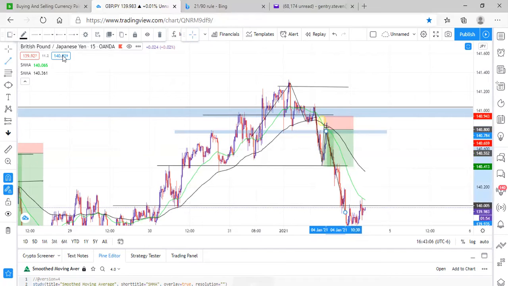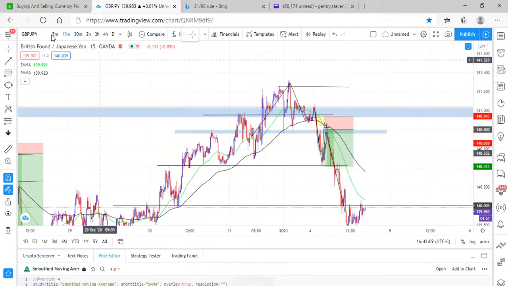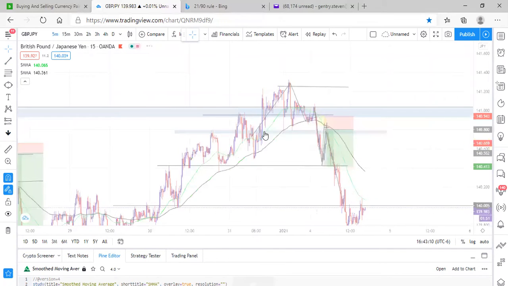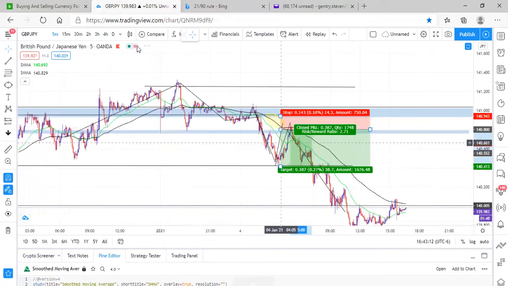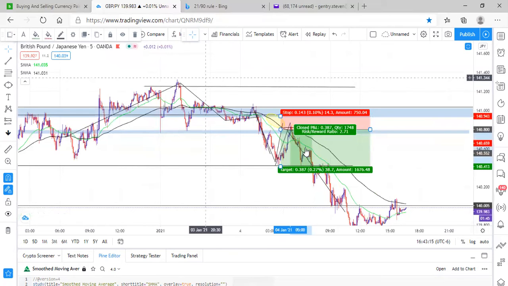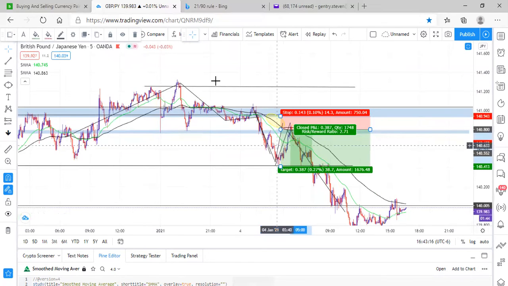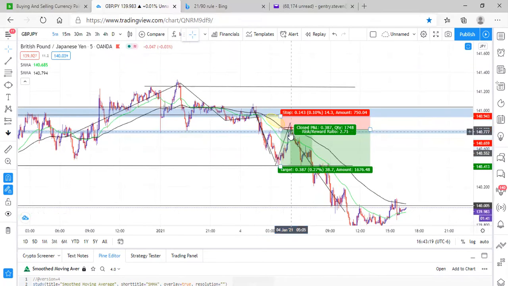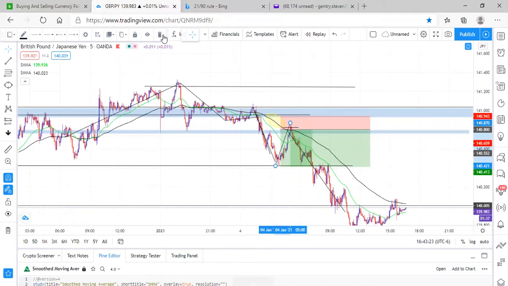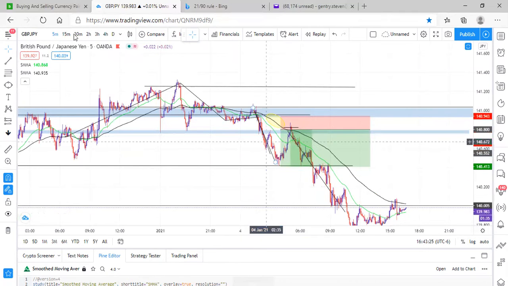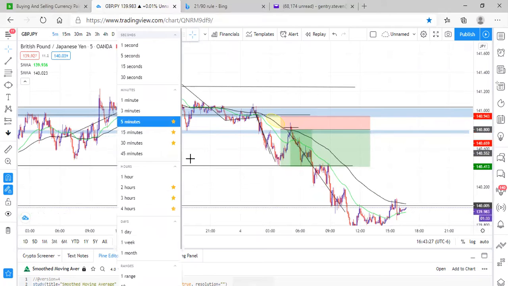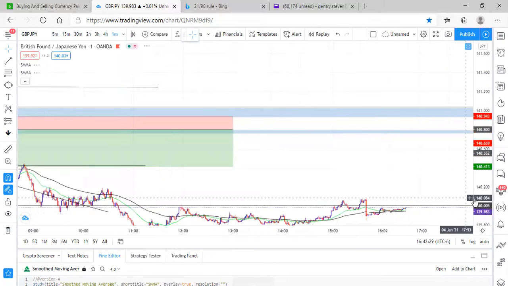So on the lower time frame, which one I got my entry off of, let me mark it and get the chart. We can even drop lower to the 1 minute.